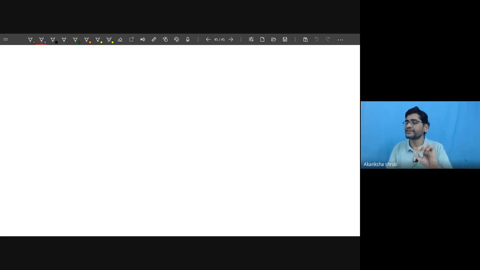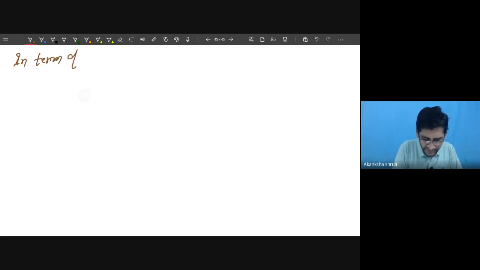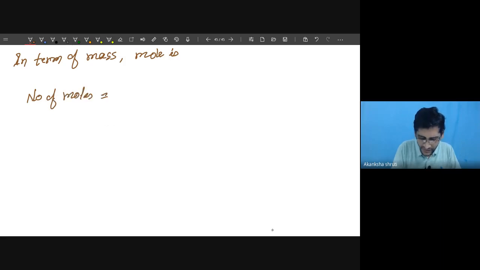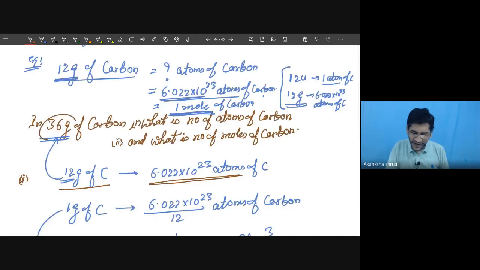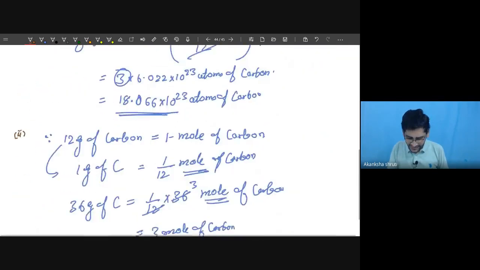Okay, student? So this way what we are observing, if we are given the mass, then in terms of mass, mole is calculated like this. For the number of moles, you must be given the mass. Like here in this example, I had taken this 36 gram. This mass was given. So this is the given mass.